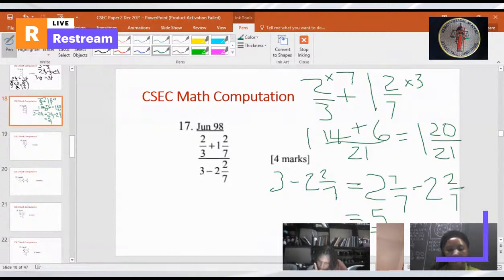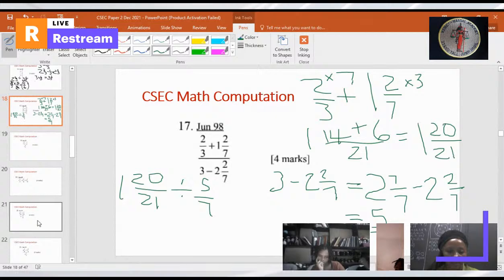Yes, miss. So we have this number as the numerator, this number as the denominator. We're going to divide them. This line here tells us to divide this by that. So we have 1 and 20 over 21 divided by 5 over 7.